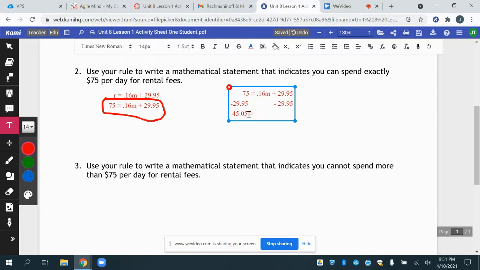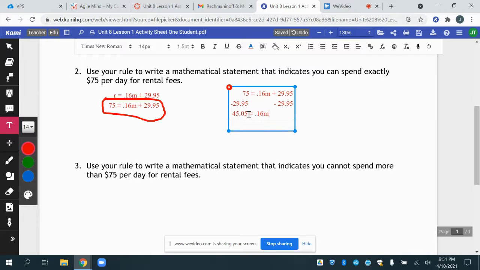And what I'm left with is $45.05 to spend on gas, or to spend on how far I drive it. So now I have just over $45 to spend on the driving part, and it costs 16 cents per mile. So now I'm going to divide that by 0.16.